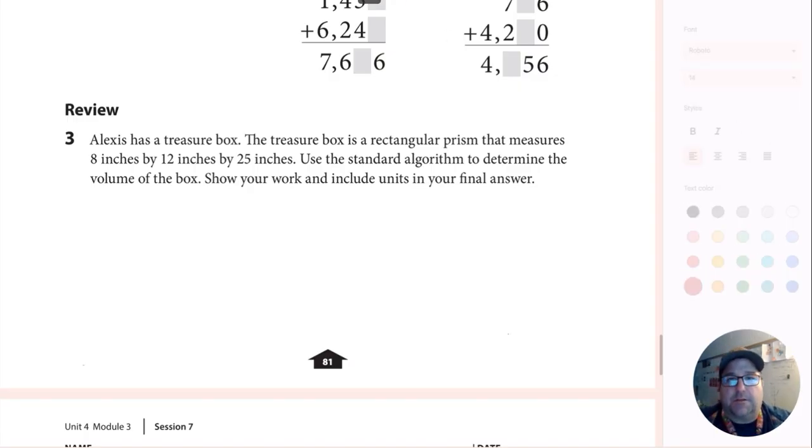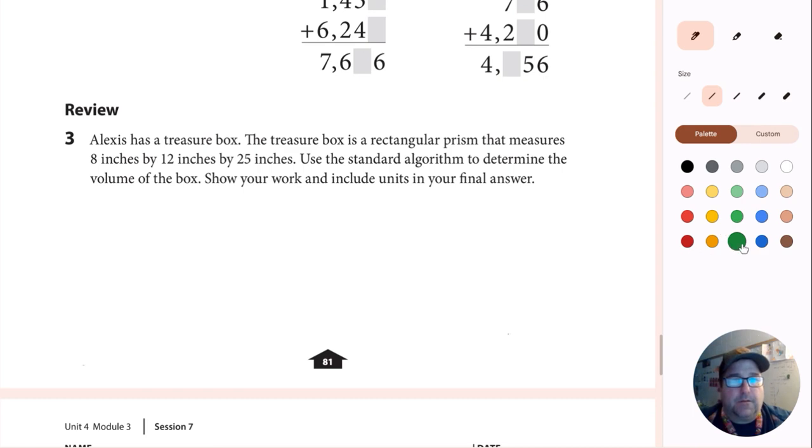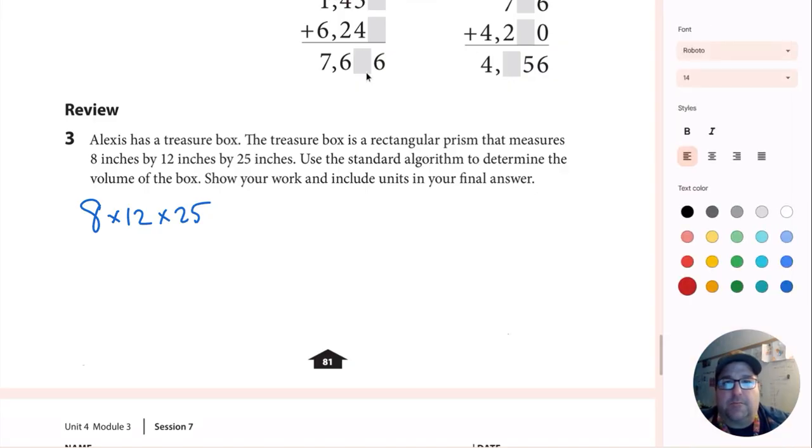So for this one, we just have to do 8 times 12 times 25. And I haven't talked in class, you don't have to use a standard algorithm.